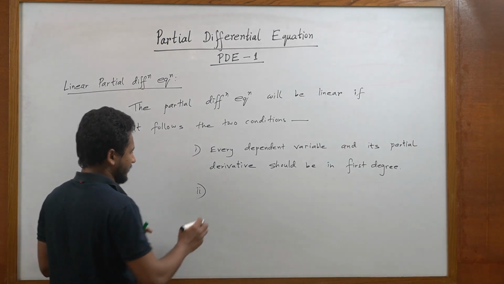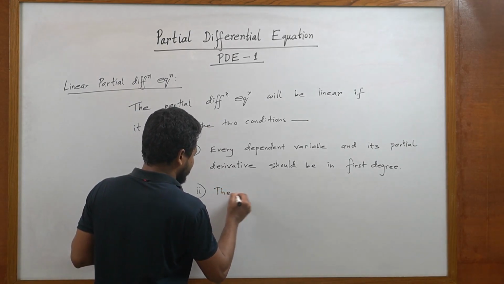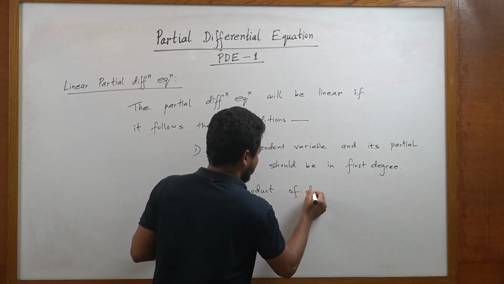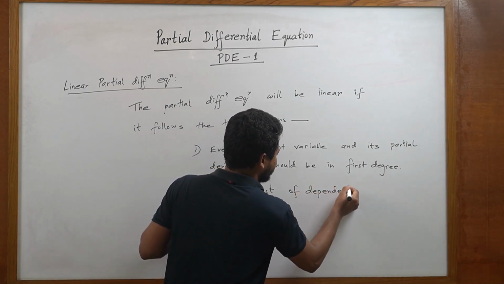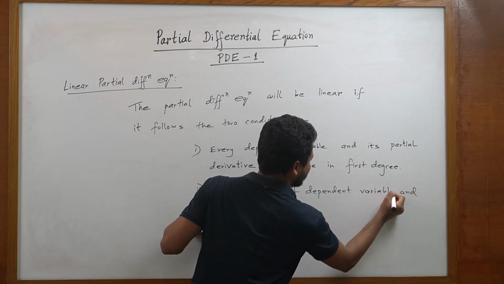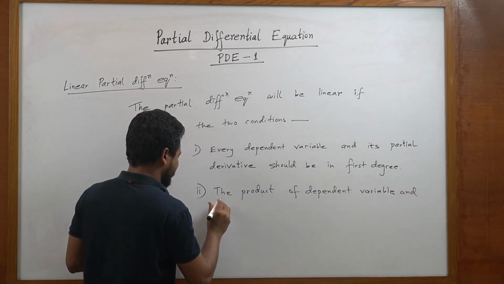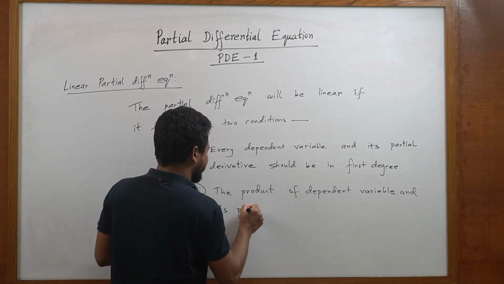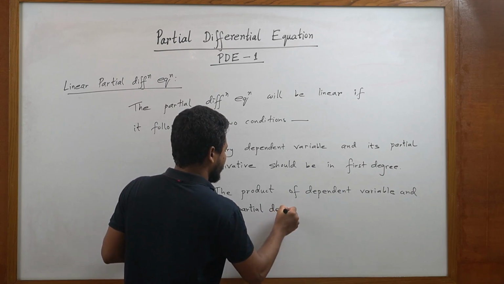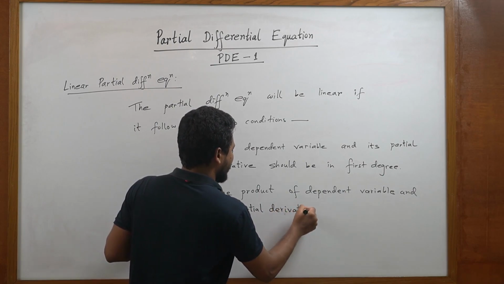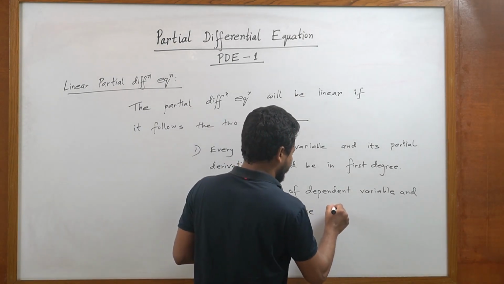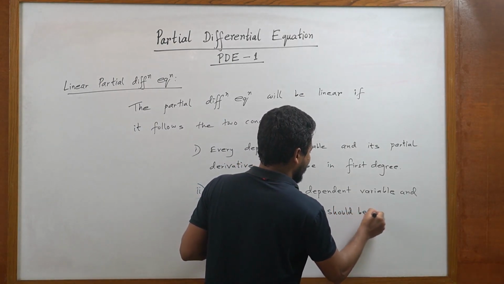Second condition is the product of dependent variable and its partial derivative should be absent.